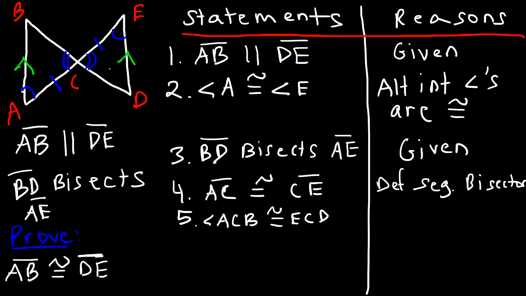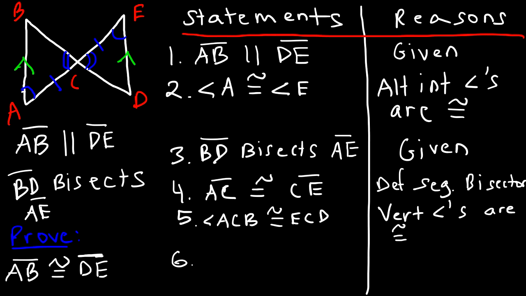So notice that D corresponds to B. They're opposite to two congruent sides. So I have to make sure that B matches with D. And the reason? Vertical angles are congruent.